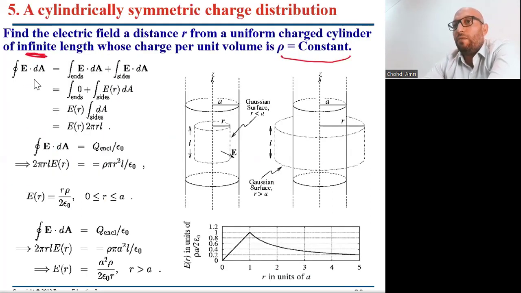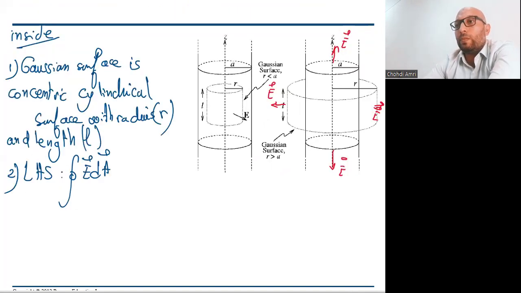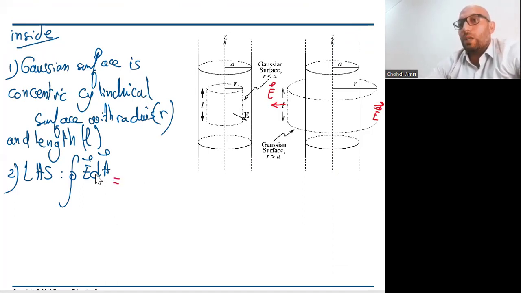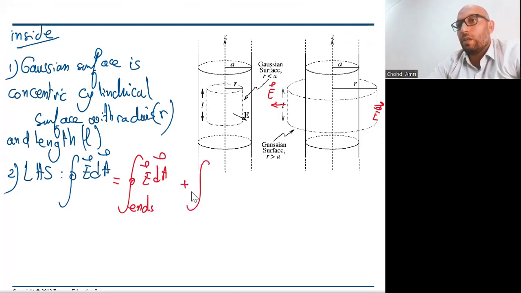But here we said infinitely long, so we don't have the ends, because it's infinitely long. So what are we going to write? The integration of E dA will be E dA for the ends plus E dA for the sides. For the ends, it will be 0, infinitely long. So it will be only for the sides.